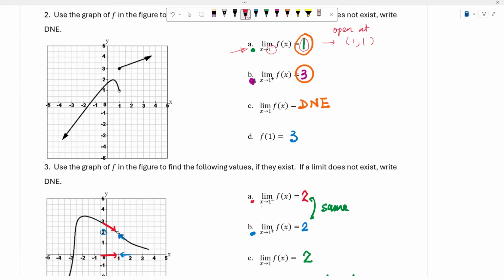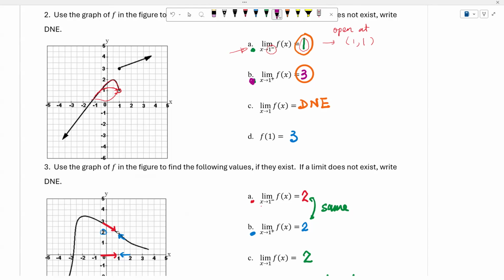From the left side, no matter what, the function will get closer and closer to this open point right here, 1, 1. It could approach it like this, or like this, or from below, but eventually the function will get to this point.